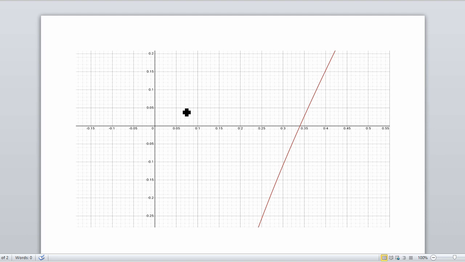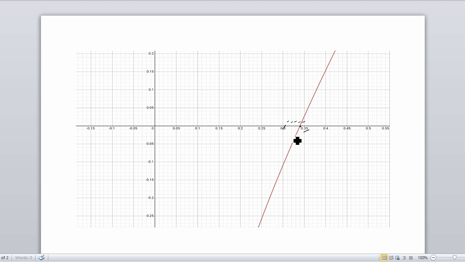Now I came up with a little bit zoomed graph here, and from my zoomed graph you can see that the curve cuts the x-axis at this point. Now read the value of x at that point. You find that the value of x here is 0.3, and how many squares are these? 1, 2, 3, 4, 5 small squares, and you can see here is 0.35.